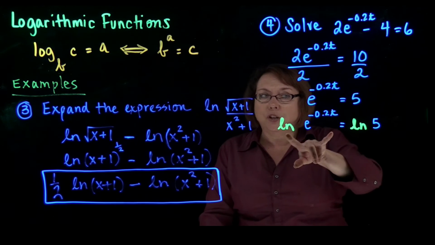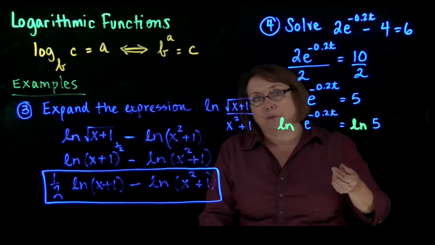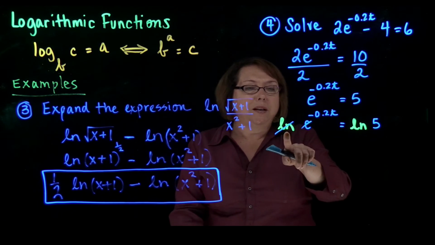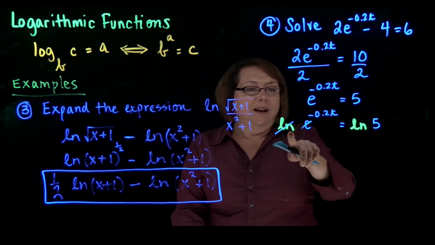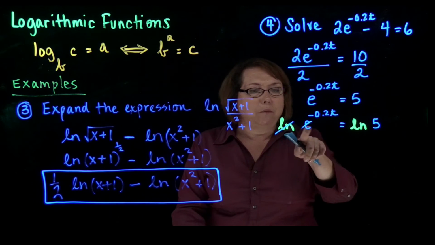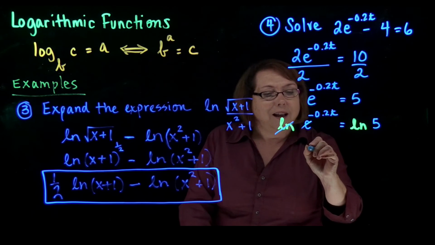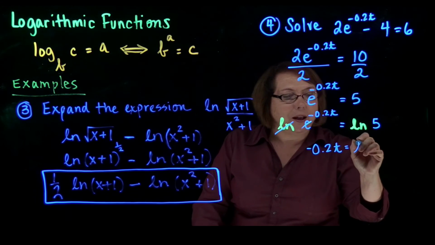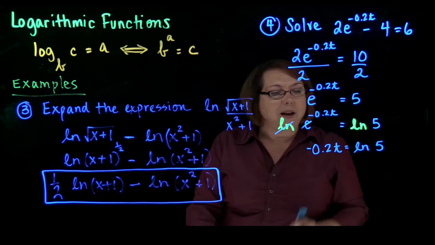We can't use log here to undo this e. That doesn't work. So it does work here, though, because the natural log has a base e, and there's base e here, that will undo that e, and we're left with negative 0.2t is equal to natural log of 5.